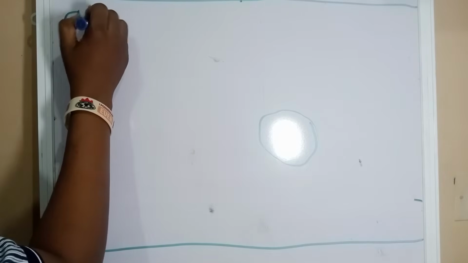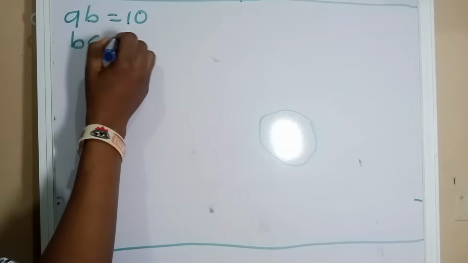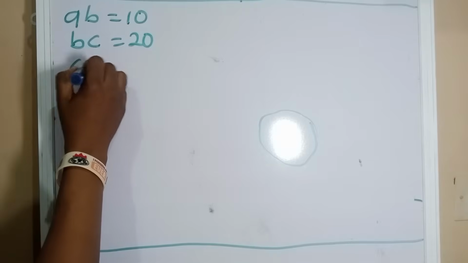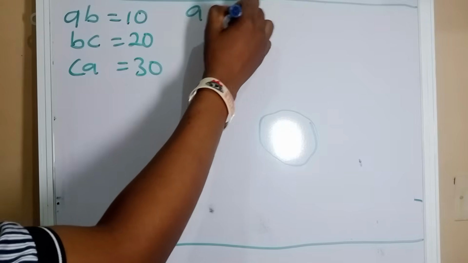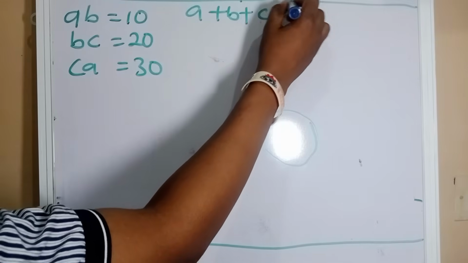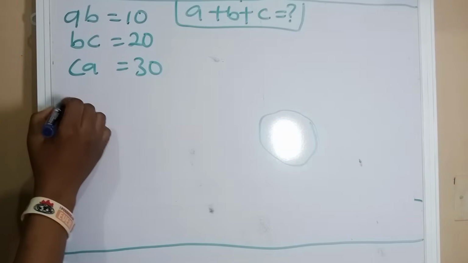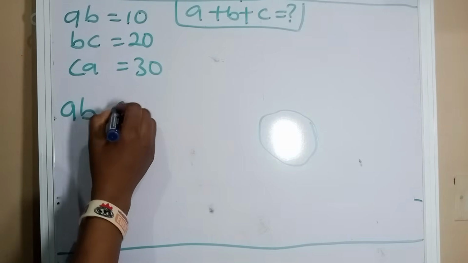Okay, so we have this question. AB is 10, BC is 20, and CA is 30. And we're asked to look for A plus B plus C. So the first thing we're going to do is multiply all of this together.